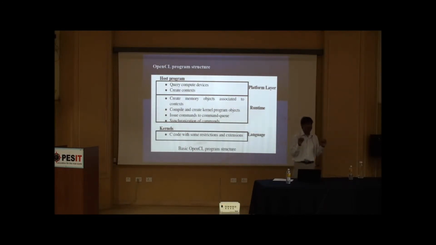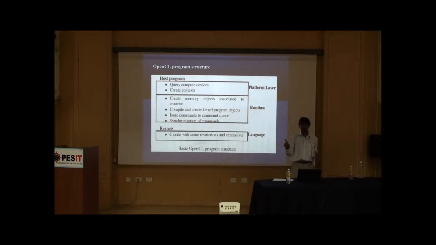The OpenCL kernel, whatever you see, there are two parts. One is the host program and the other one is your OpenCL kernel. The OpenCL kernel can be of two formats. One is, you can just give a simple source as is. At run time, it will compile the kernel and generate the code.